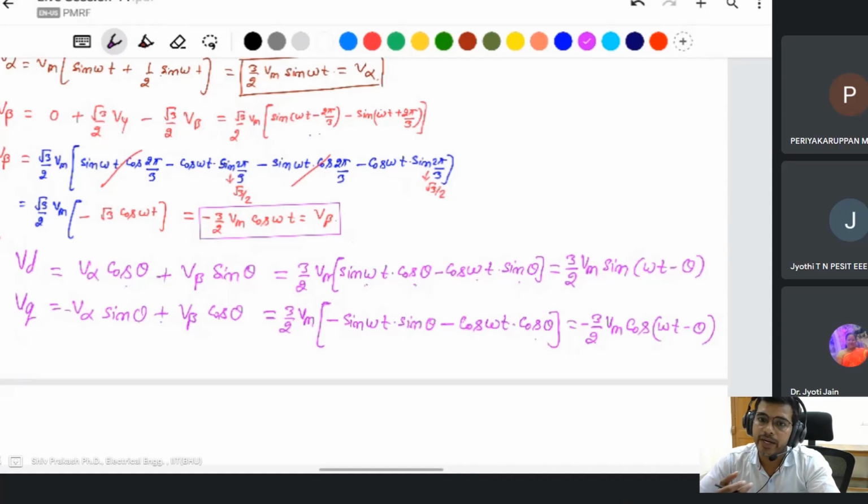Vd and Vq depend on the theta value. If theta is rotating with omega t at the same frequency, like the fundamental frequency of 50 Hz, then this angle will be 0, then sin 0 is 0, so the Vd value is 0 here.